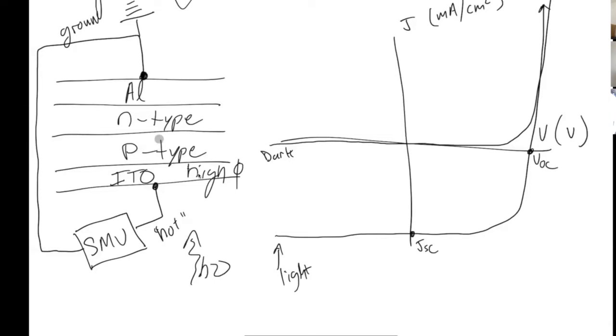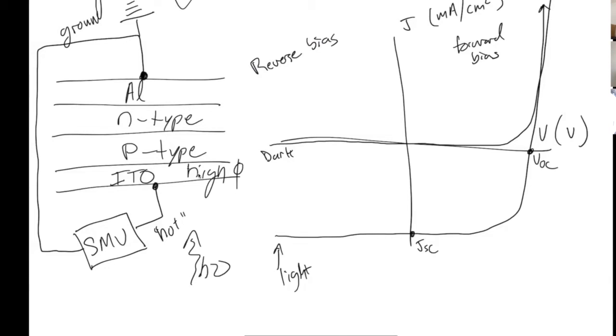Then when it gets to the interface, the negative charges kind of come out to fill in those holes, because in order for holes to move, electrons have to go backwards in the other direction. So that is the way that the charge carriers want to go. So over here is reverse bias, and over here is forward bias.